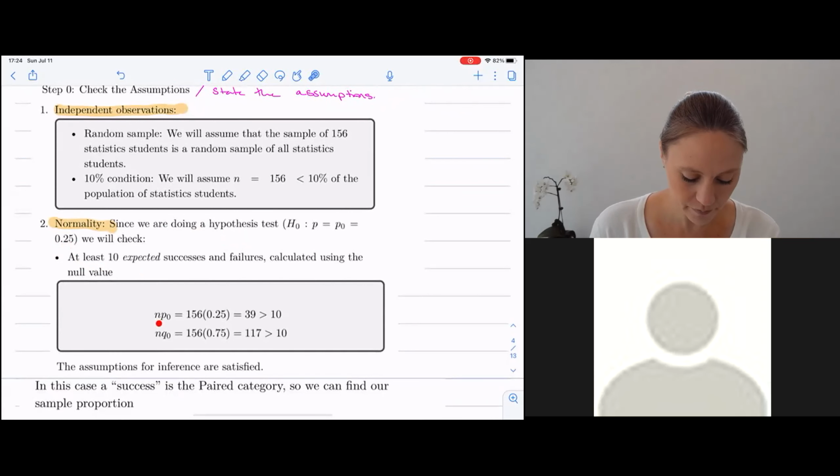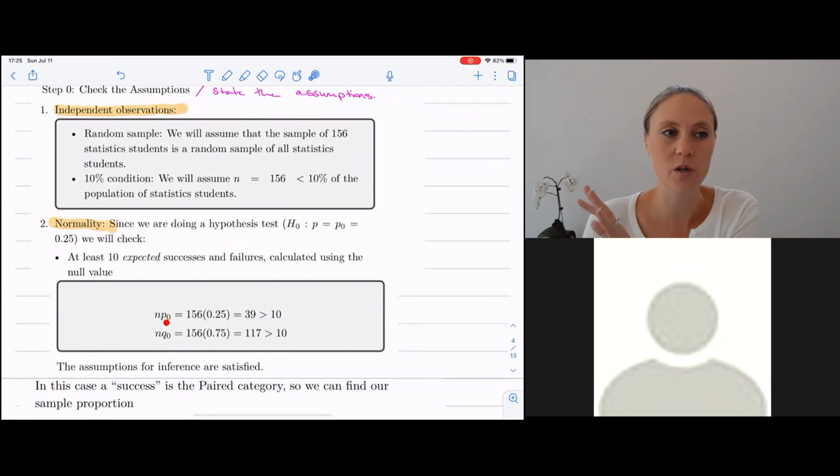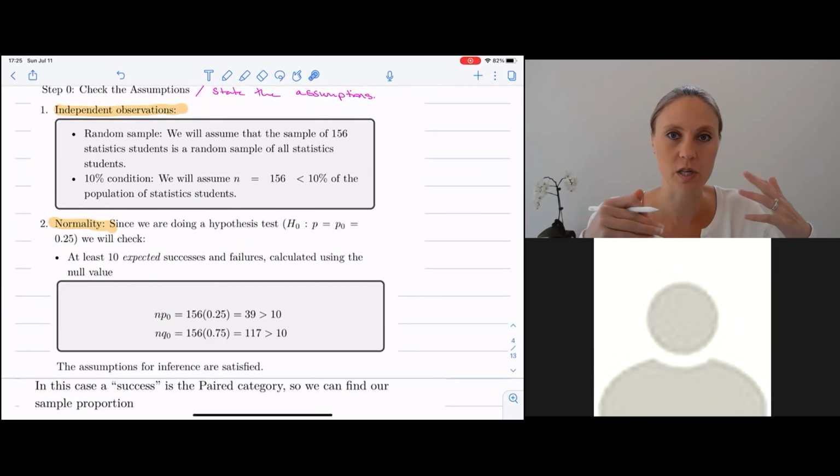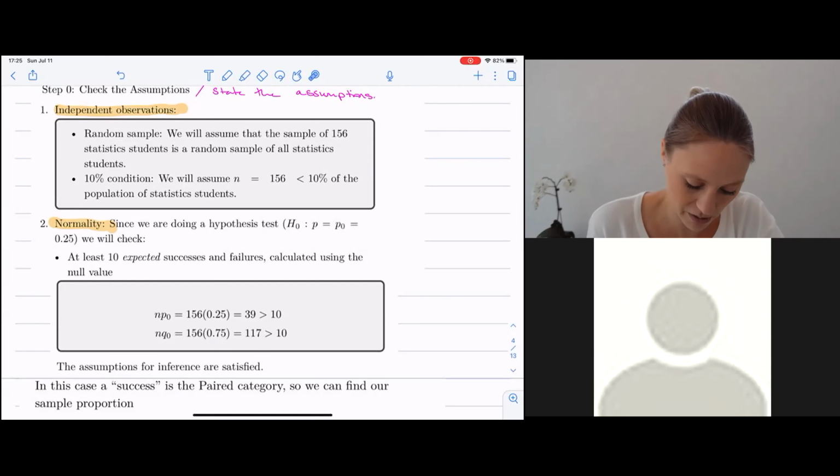So if it was a quarter split, a uniform distribution, there's no preference. People just fall naturally in this uniform distribution.